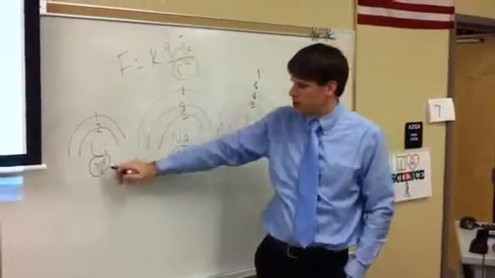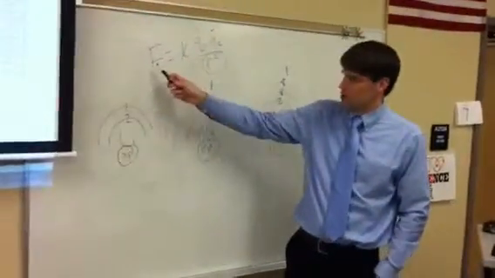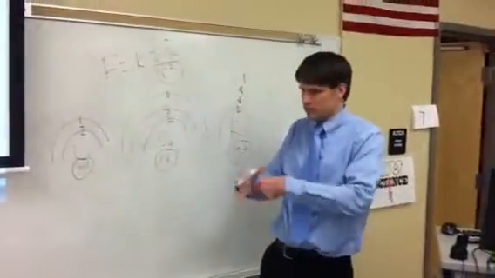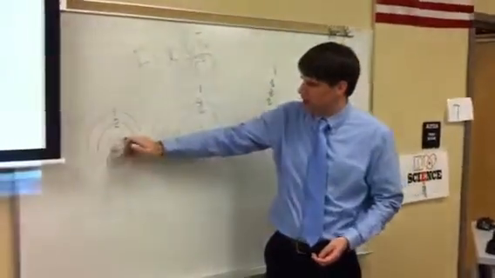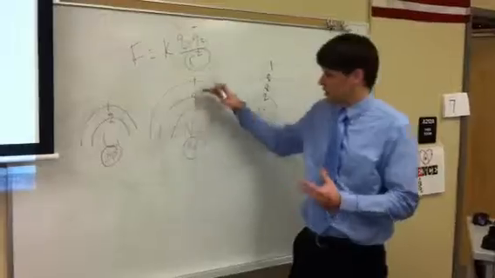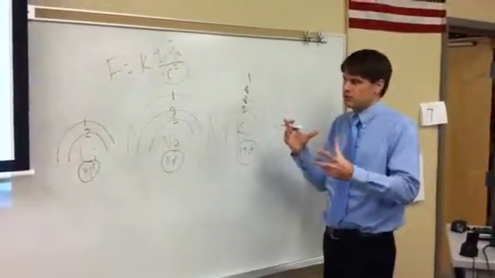When you increase the distance between the nucleus and that valence electron, this force decreases very rapidly. And so lithium holds this electron very tightly, whereas sodium holds it slightly less tightly, and potassium slightly even less tightly.